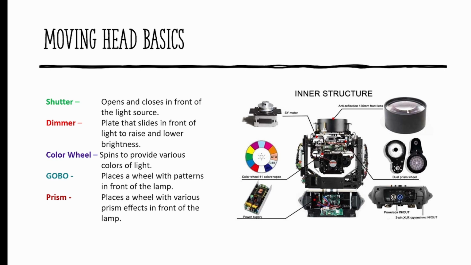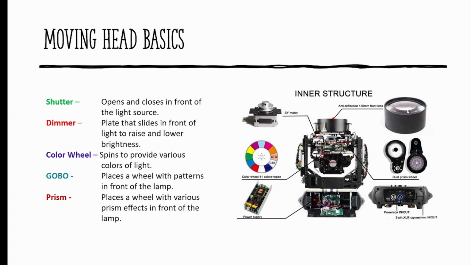Now, what causes the light to shine through the lens are two devices. There's a shutter, and there's what is called a dimmer. Now, the shutter is used to completely block the light out, and what we do is we set that up so that it is in a position to always let light through the moving head.